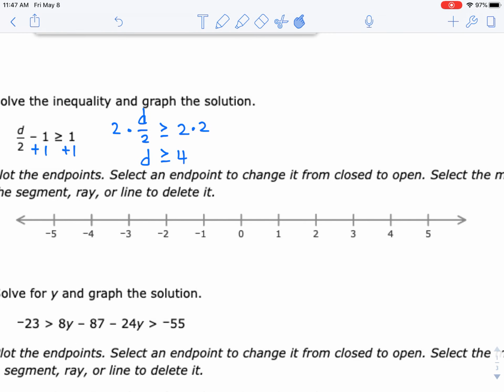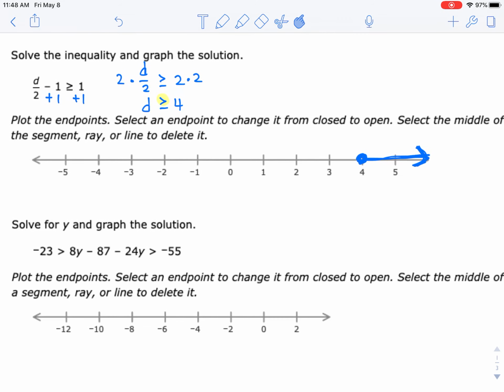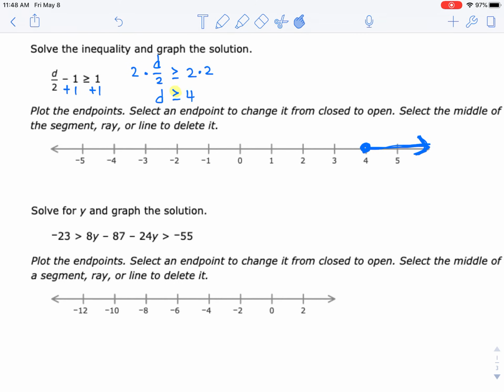So make sure when you're selecting your endpoint that it is a closed endpoint on 4 going in the right direction. And when you have the variable on the left, the arrow points the direction that it's supposed to go.